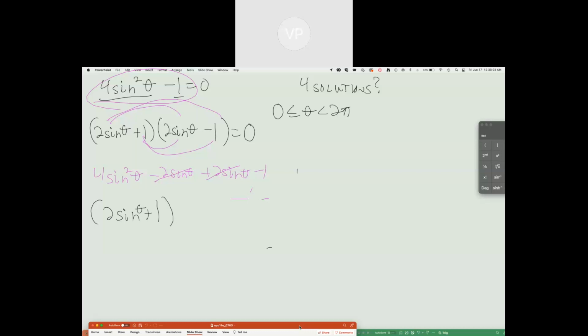Okay, so we have 2 sine theta plus 1, and we have 2 sine theta minus 1, and they're equal to 0. So go back again and think of your algebra. The next step is set each factor equal to that 0.